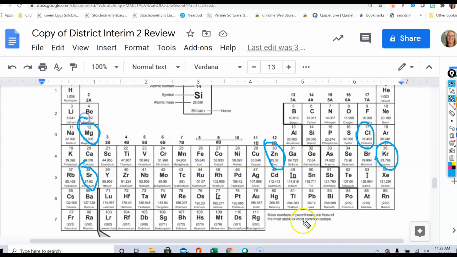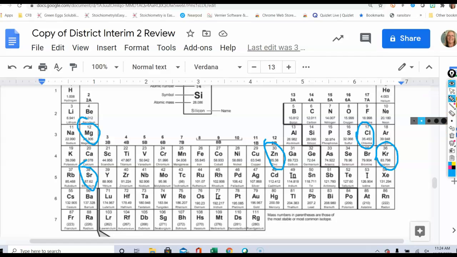If I were putting these in order, greatest to least is what it asked for. So strontium first, it has the most energy levels, followed by zinc, then getting smaller to krypton, followed by magnesium, and then getting smaller to chlorine of all.